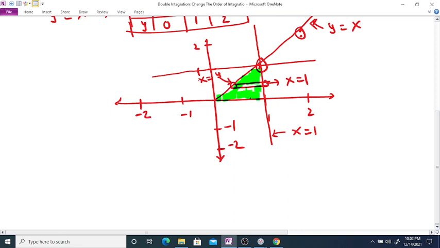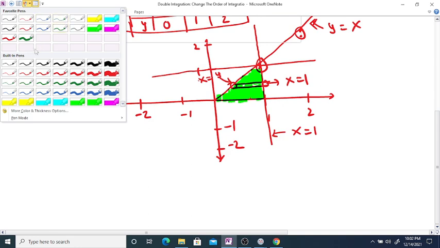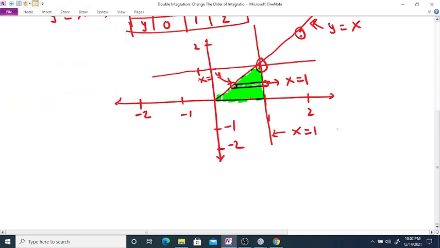This is the closed region bounded by the lines y equal to x, x equal to 1, y equal to 1, and y equal to 0. Now to change the order of integration, we are going to consider a vertical strip.